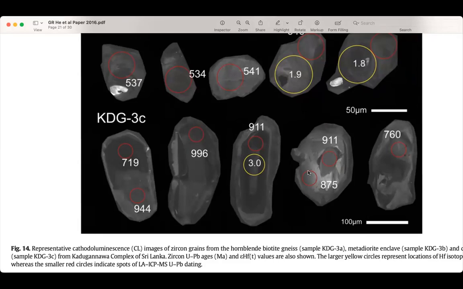So it is not a metamorphic event, because we know only the metamorphism is like 550 Ma in Sri Lanka, but so this should be some other magmatic event, some maybe magma intrusion into the existing rock, and the rock which contained already zircon have regrown. So then the lead loss can happen from core to the newly formed region. So then you will end up with the Discordia pattern in the Concordia diagram.